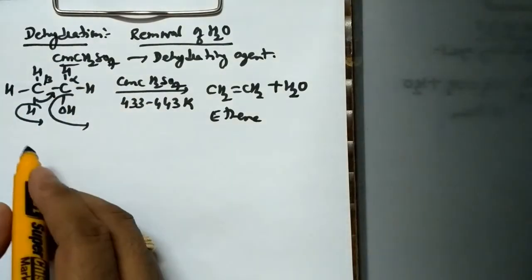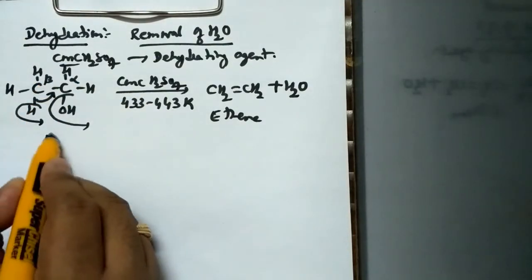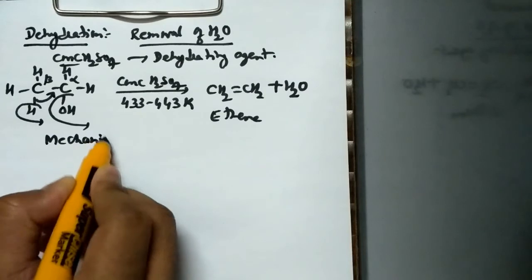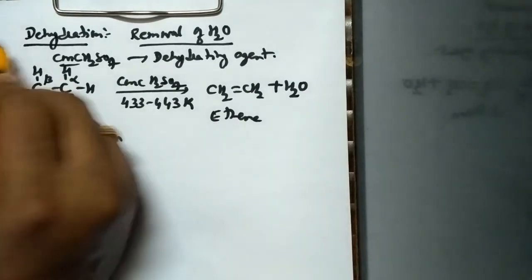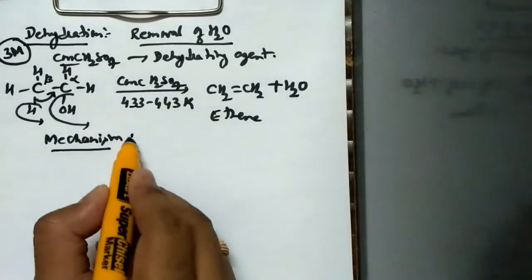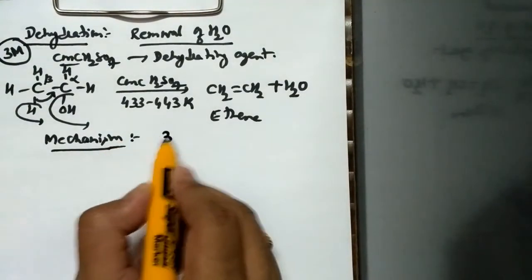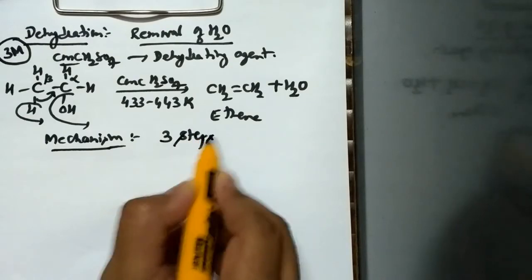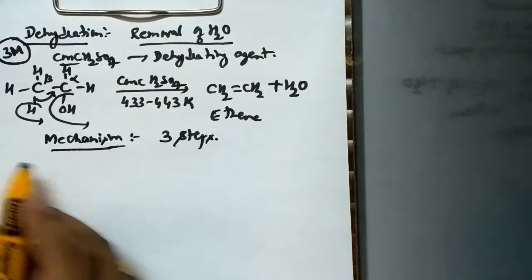For this dehydration, there is a mechanism. Many times this question has been asked for 3 marks in the board. Be careful with this. Very important question. The mechanism takes place in 3 different steps.